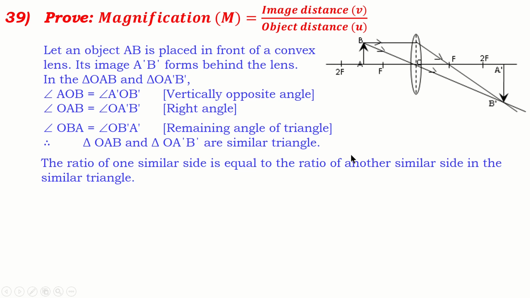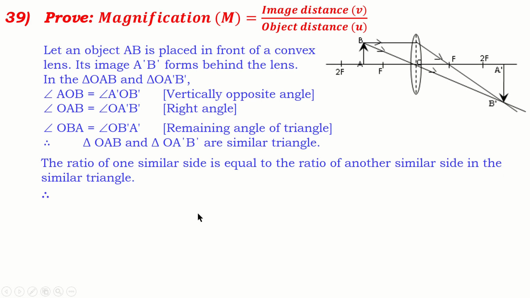Let's say AB and A'B' are similar sides. In the same way, OA and OA' are another similar pair of sides, and OB and OB' are another similar pair.